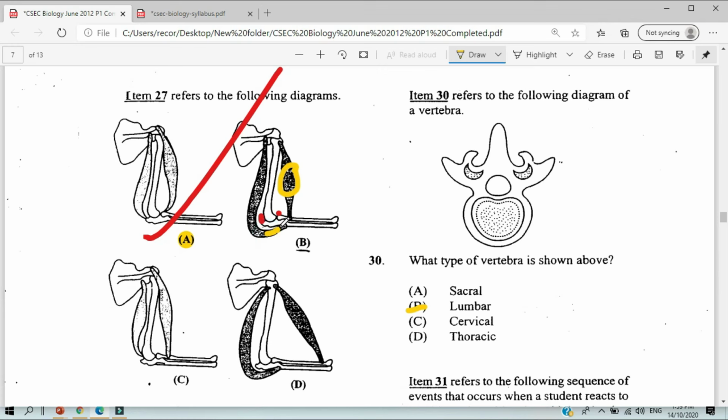The attachment of the tricep would not be here. The attachment of the bicep would not be there. So that rules this out totally, which brings us to A, which has the correct attachment for both the bicep and tricep. All right, so A is our answer for question number 27.